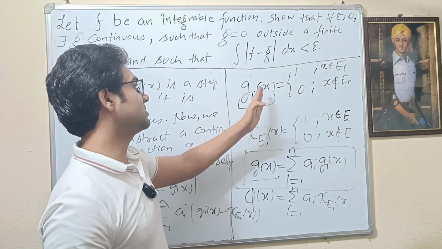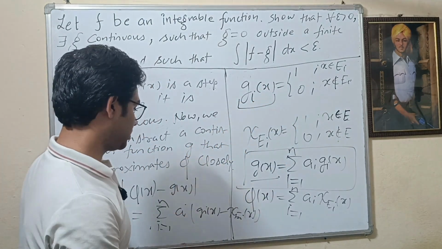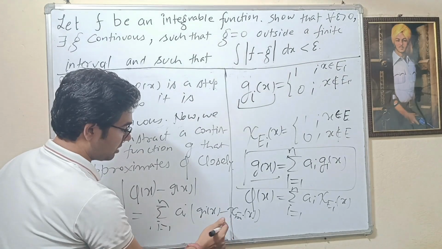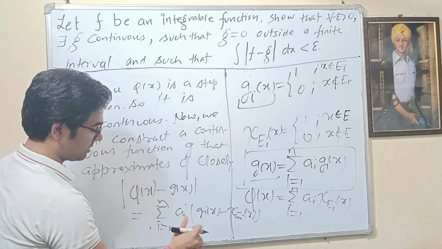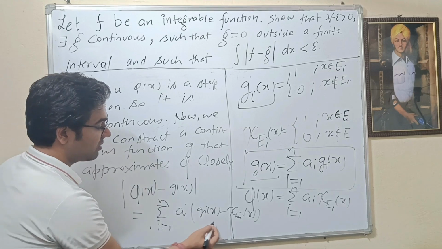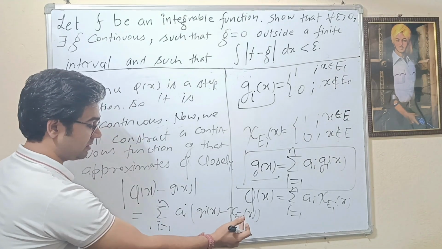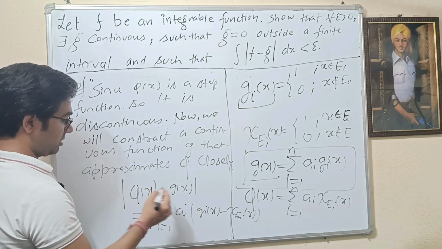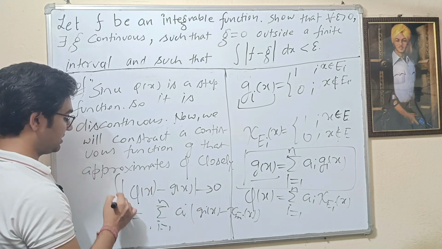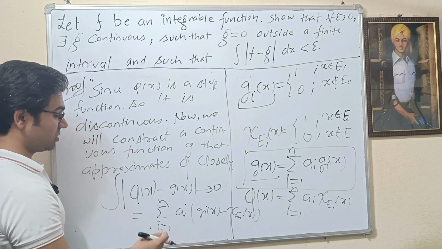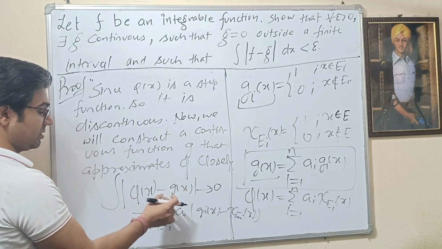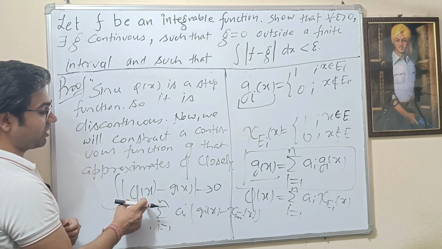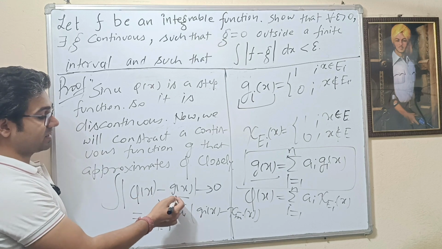The only difference is in the transitioning. So this term, when n tends to infinity, will go arbitrarily close. So this integral will tend to 0, and this step function gets approximated by this continuous function.